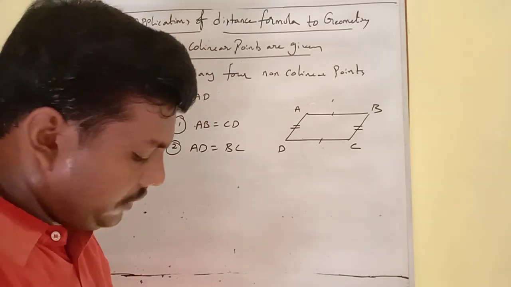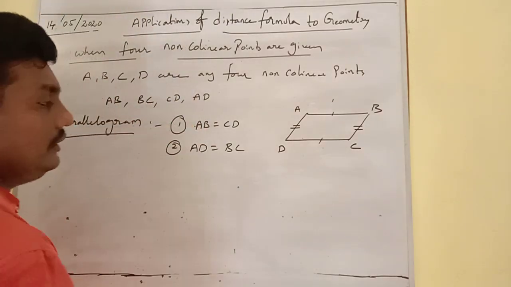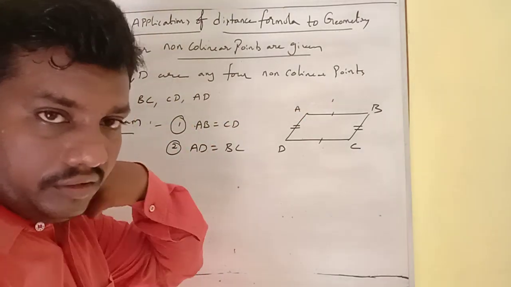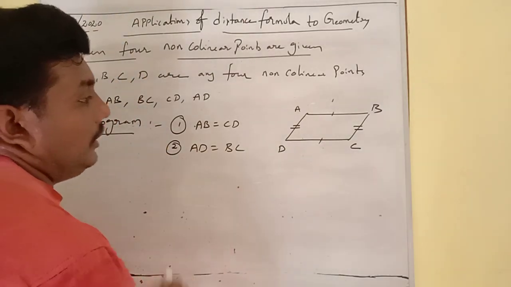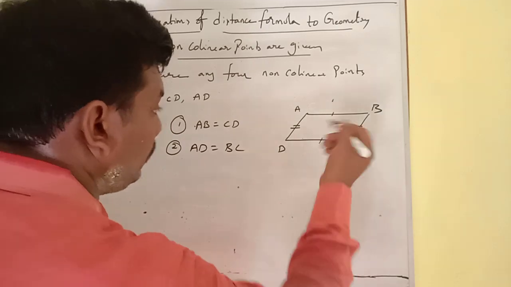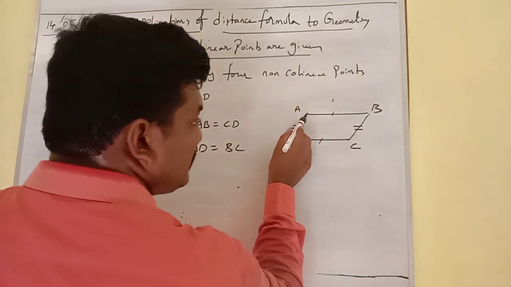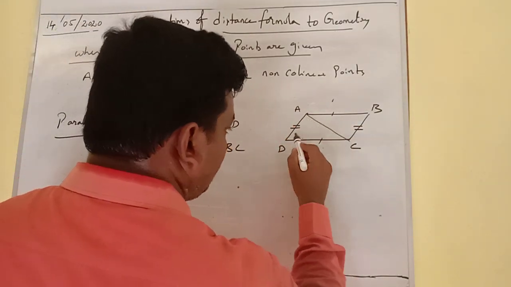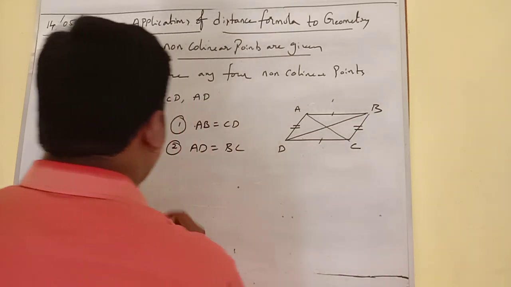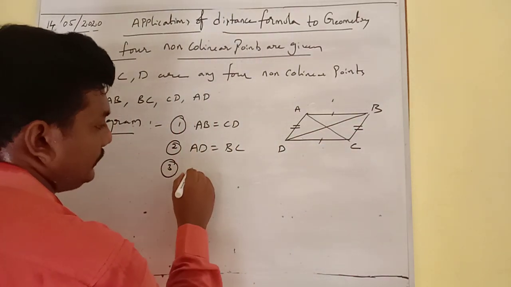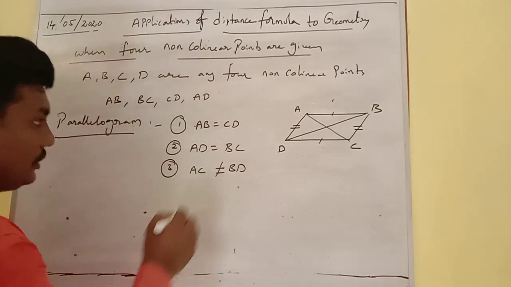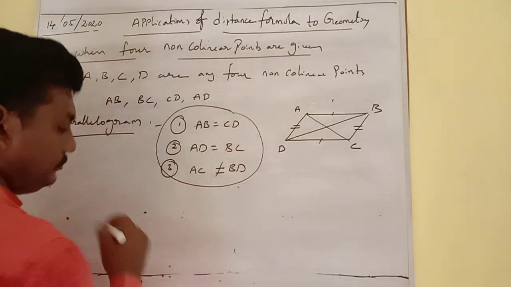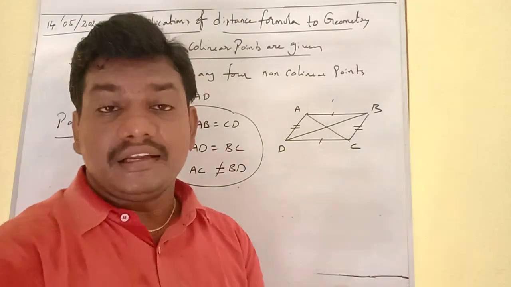Whenever opposite sides are equal, this is a parallelogram. Now one more condition we have to see: diagonals. The lengths of the diagonals are not equal. That is AC is not equal to BD.